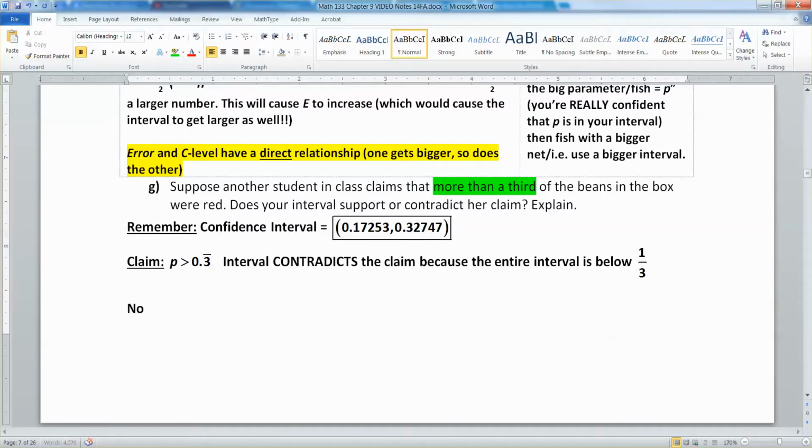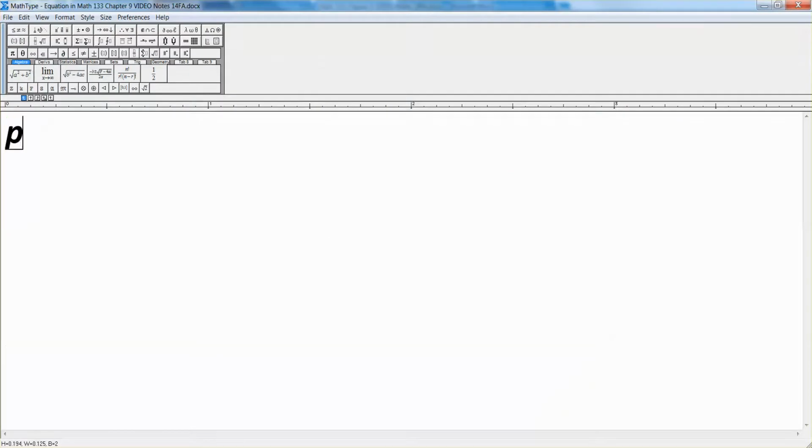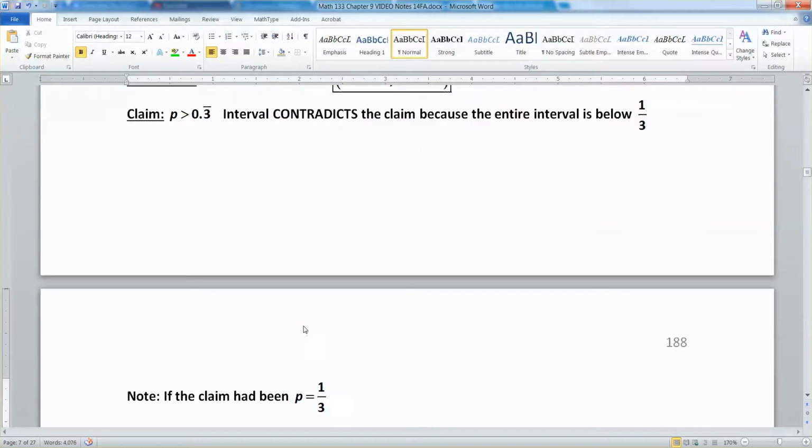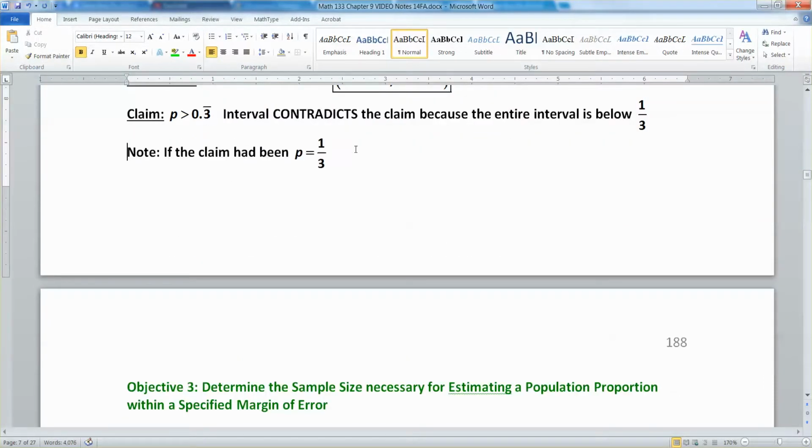Let me just make a note. If the claim had been P equals a third, that also would have contradicted. A third of that box being red would have been a contradiction as well.